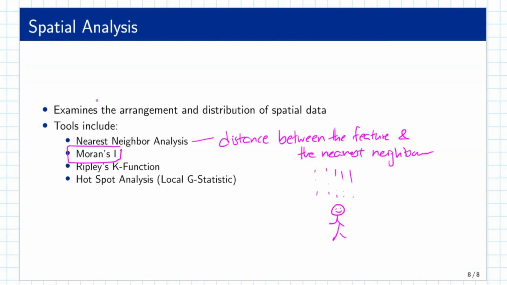You don't have an umbrella. And there is a summer hut somewhere here. And there is another building somewhere here. So the nearest neighbor analysis indicates, if you measure the distance from yourself to the summer hut and from yourself to this building, what will be the closest distance between the feature and the nearest neighbor. That's basically what nearest neighbor means.